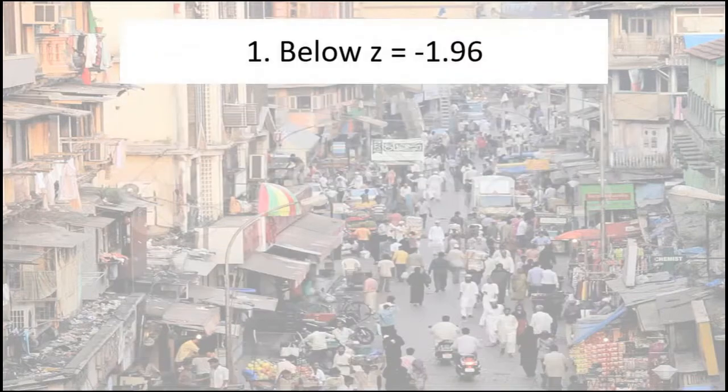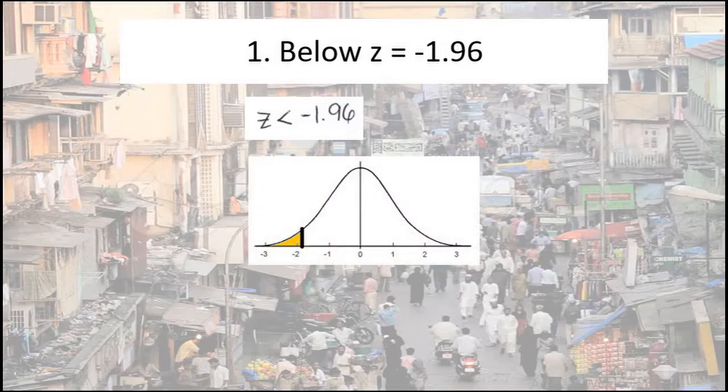Number 1. Below z is equal to negative 1.96. So, z is less than negative 1.96. Below is the graph. The shaded one is z less than negative 1.96.